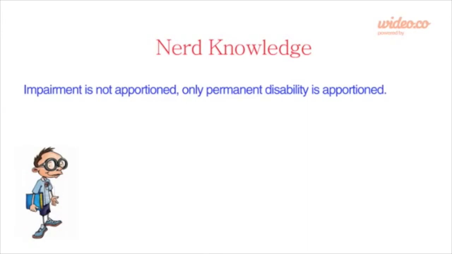Impairment is not apportioned. Only permanent disability is apportioned. You might recall from previous speed seminars that impairment and permanent disability are two very separate, exclusive, and independent concepts.